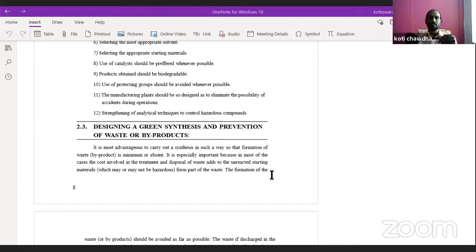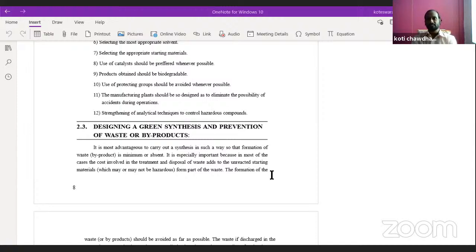And the 12th rule is strengthening of analytical techniques to control hazardous products. Strengthening analytical techniques is very important, because whenever we synthesize a product, we need to monitor the entire process in such a way that we can identify exactly when the process is completed.